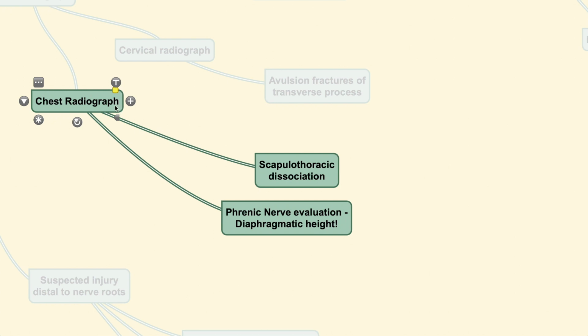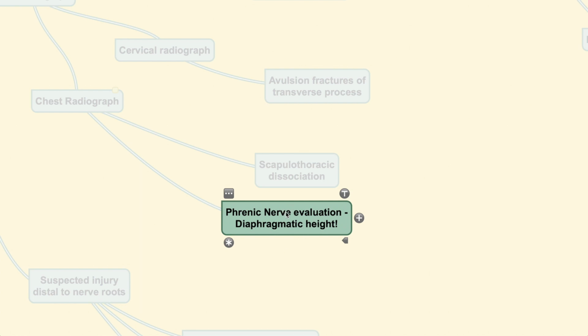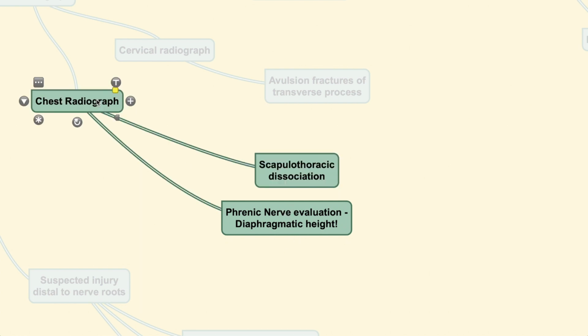Now, other signs that you could find in a chest radiograph is the diaphragmatic height. You ask the radiographer to take this picture in two positions, which is the inspiratory position and expiratory position.